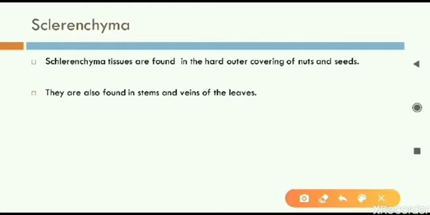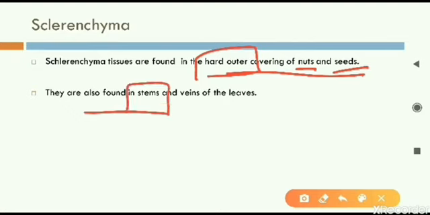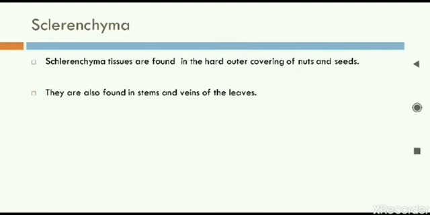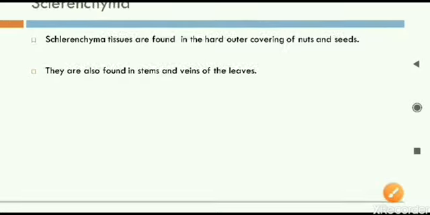These cells are found in the hard coverings of the nuts and the seeds. Generally it is the wooden part, and they are also found in the stems and the veins of the leaves. In the stem also the tough part, and the veins of the leaves are also a tough part compared to the leaf structure. So generally the hard coverings of the plant have sclerenchyma.